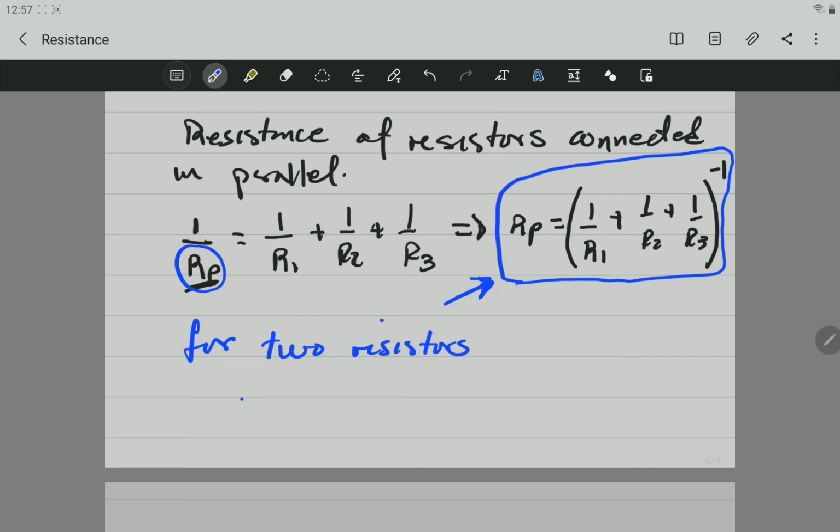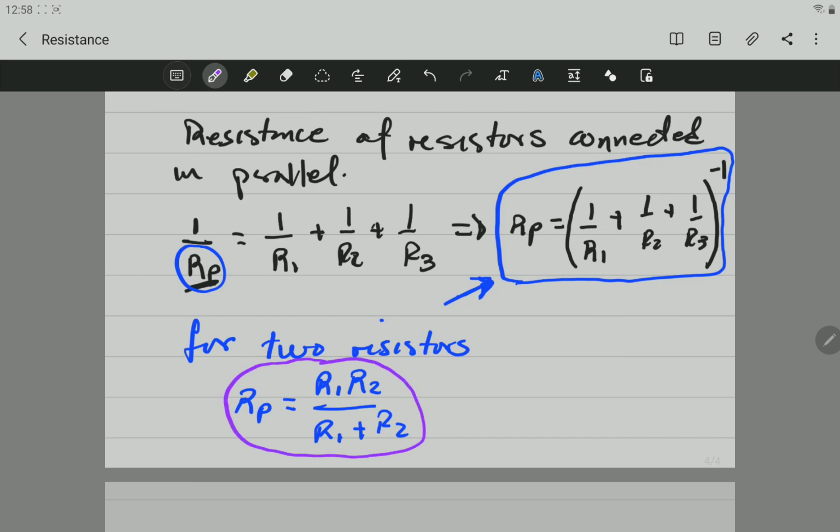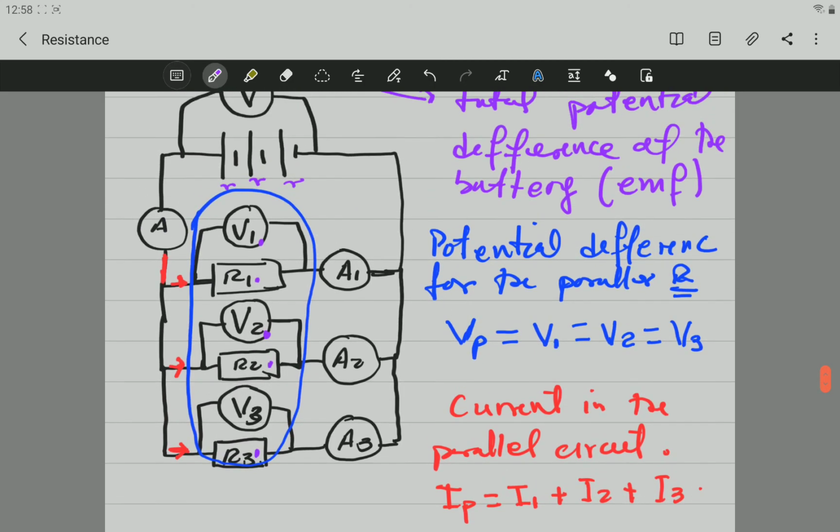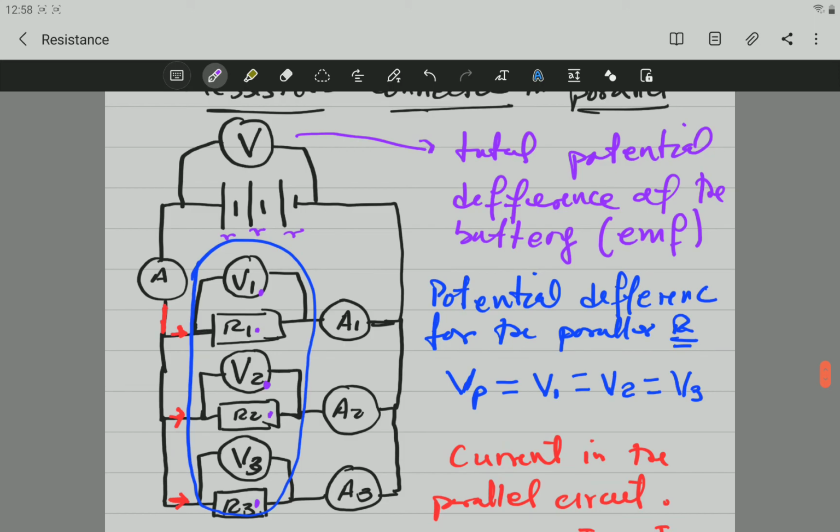All right, we can say that resistance in parallel is equal to the product of resistance 1 times resistance 2 divided by the addition of resistance 1 plus resistance 2. Now this one, notice, and I'm going to say it again, can be used only for 2 resistors. All right, so this is everything about resistance in parallel, about current in parallel, and about potential difference in parallel.